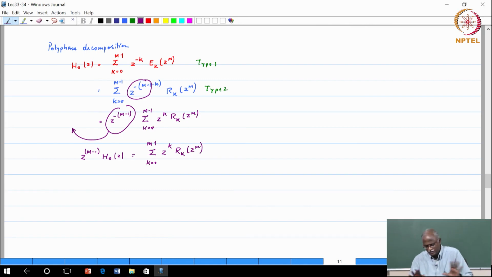Okay, I am just, nothing clever or tricky here, just basically rewrote the type 2 polyphase decomposition.